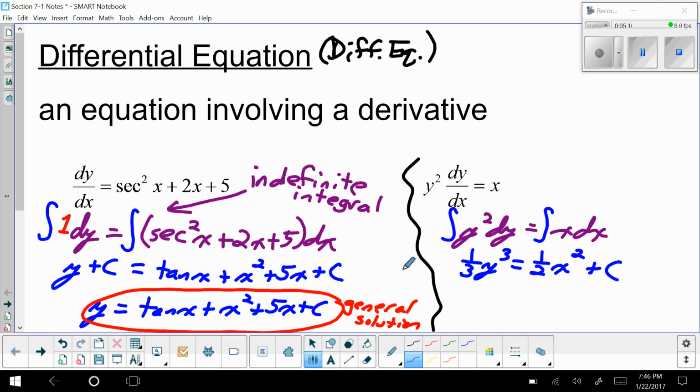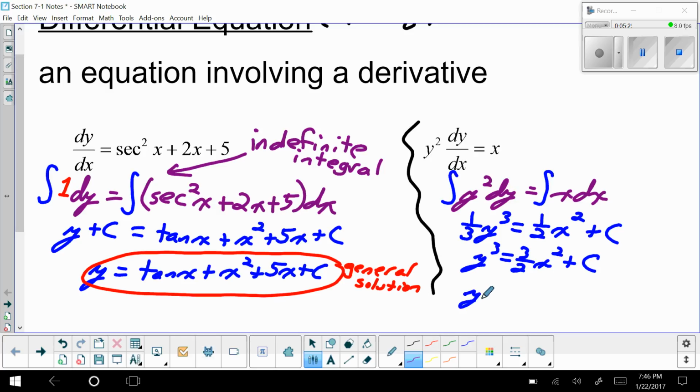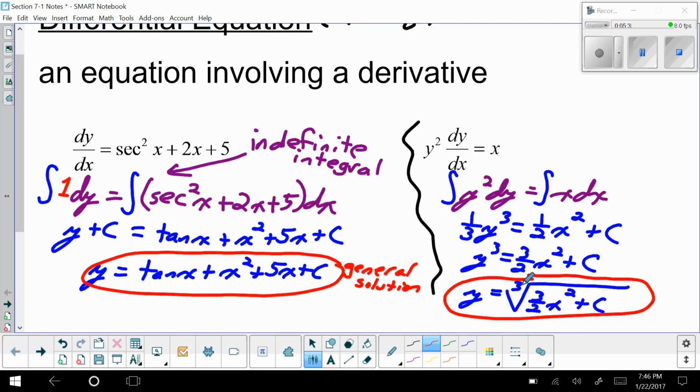Multiplying by 3, y cubed equals 3/2 x squared. C times 3 is still a constant, so it's just plus a constant. And then taking the cube root, y would be the cube root of 3/2 x squared plus some constant. And there is our general solution.